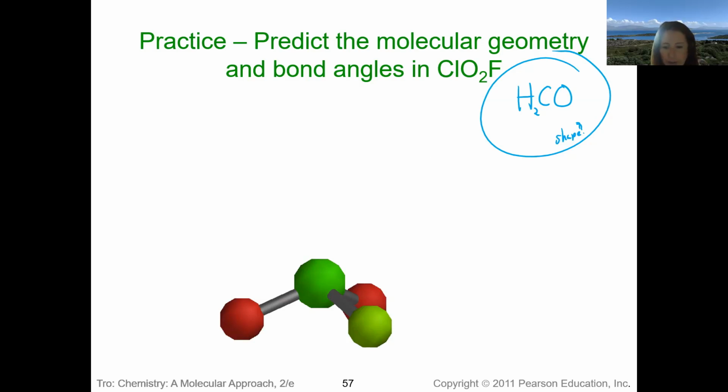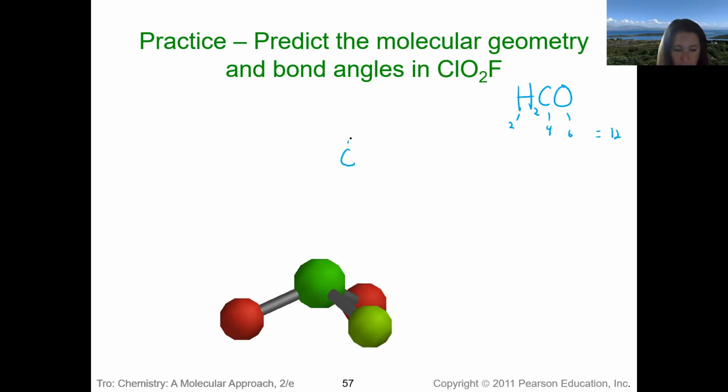Okay, let's try this one. So this is 2, 4, 6, right? So 12. C is going to go in the middle. O, H, H. C goes in the middle, least electronegative. So we've used 6. So we've got 6 left, right? Did I add that right? 1 times 2 equals 12, right?